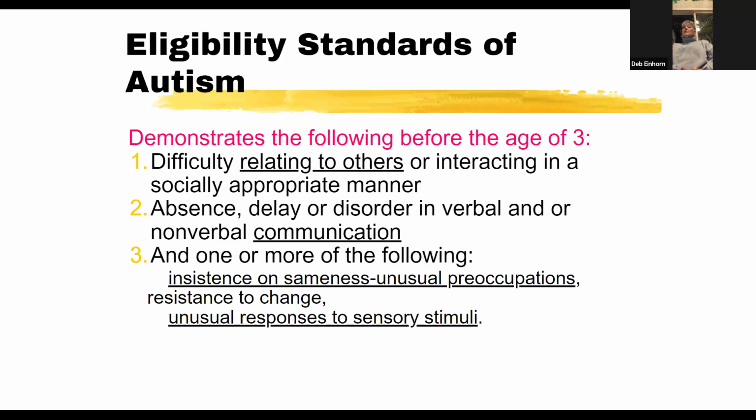Unusual preoccupations could be things that they focus on to an extent that makes it difficult for them to maintain social relationships.